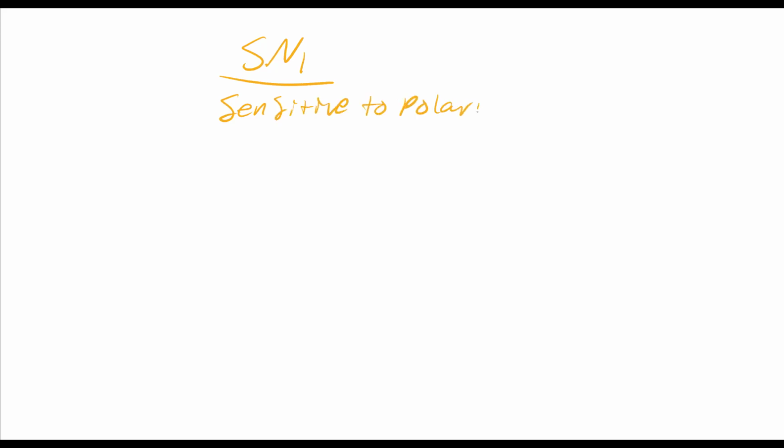It's going to respond faster and work better in polar solvents. This is important if you're on an ACS exam or a big national exam. It says, well, in a polar solvent, is it going to be SN2 or SN1? Well, it's going to be SN1 because it's in a polar solvent. It's going to be more reactive to polarity, right?